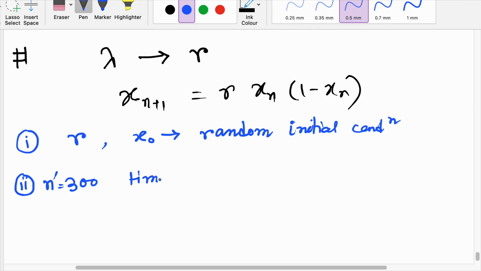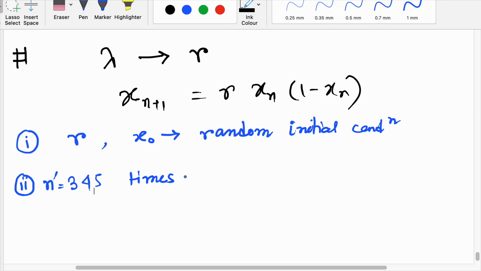It doesn't matter whether you take 300 times or 345 or anything. The thing is, you iterate for some longer time to let its transient behavior die out.